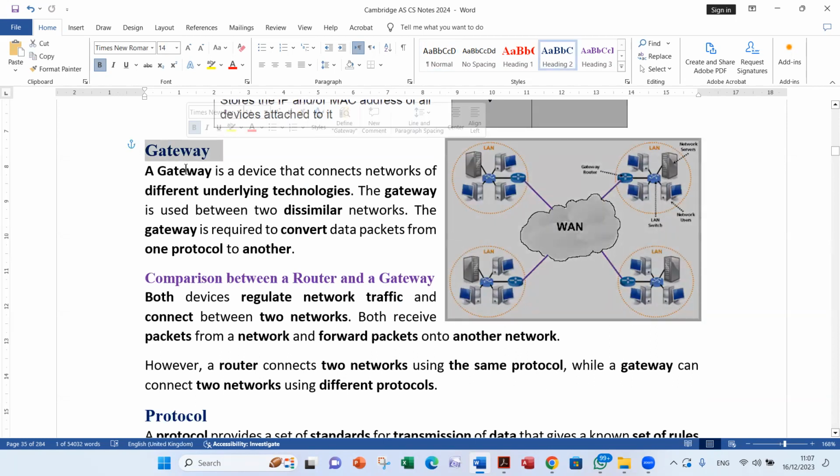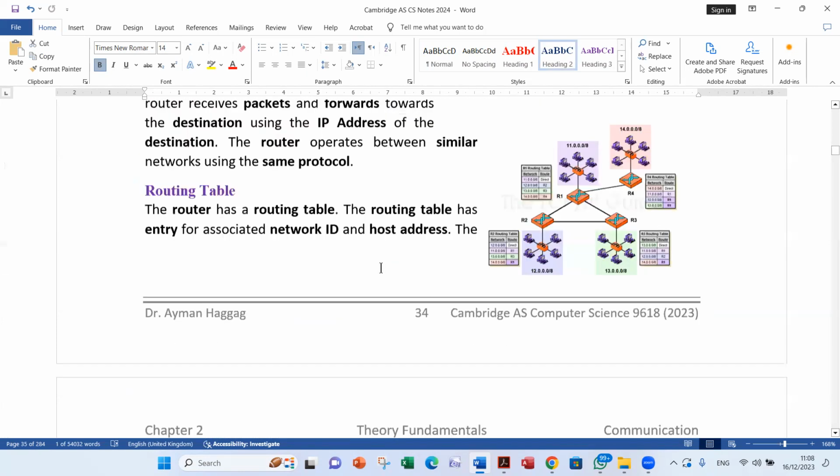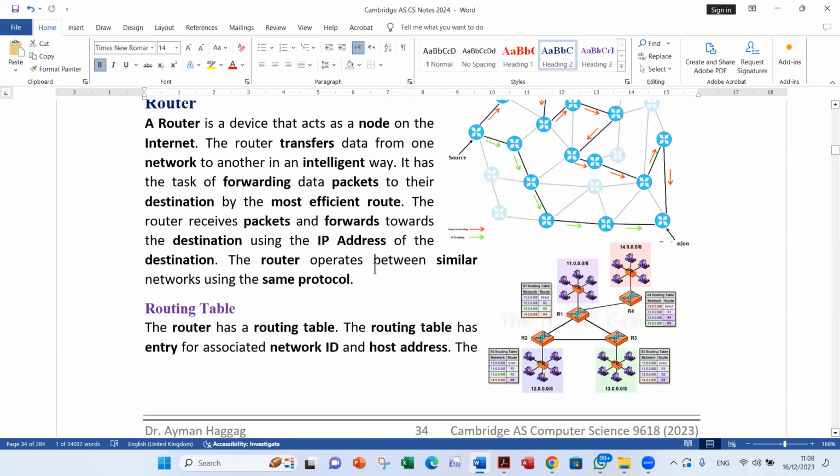The gateway is a device that connects networks of different underlying technologies or protocols. The gateway is used between two dissimilar networks. The gateway is required to convert data packets from one protocol to another. Because in the exam, they may ask you to distinguish between a router and a gateway.